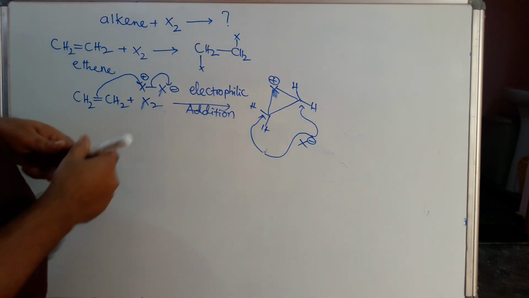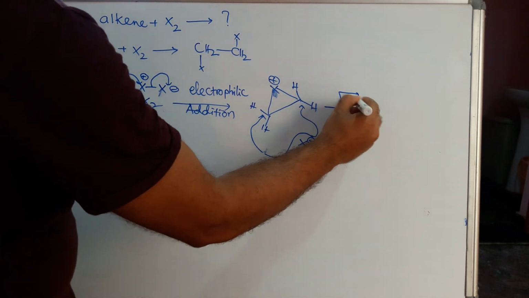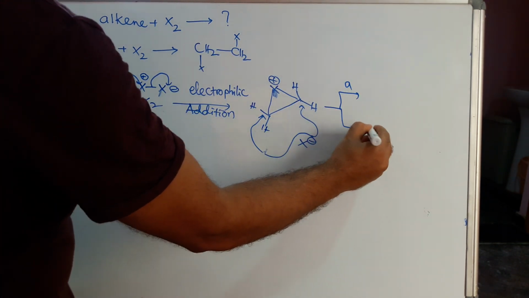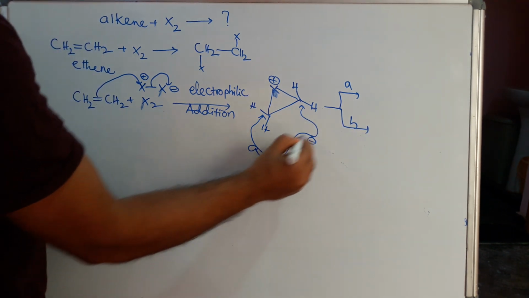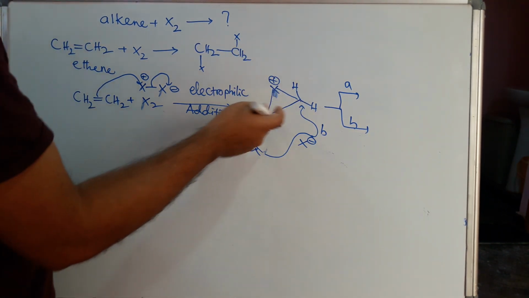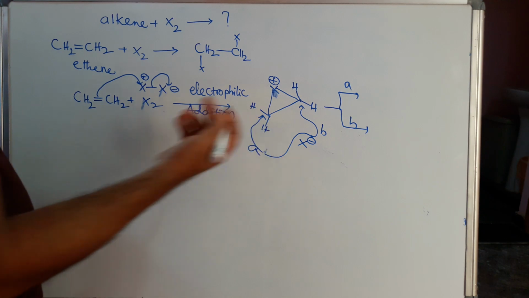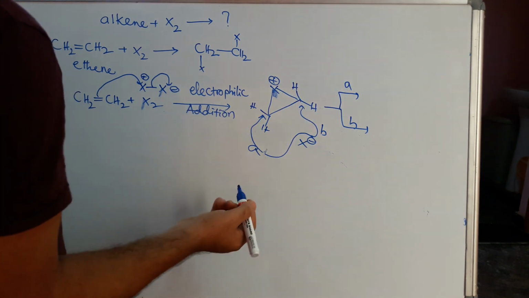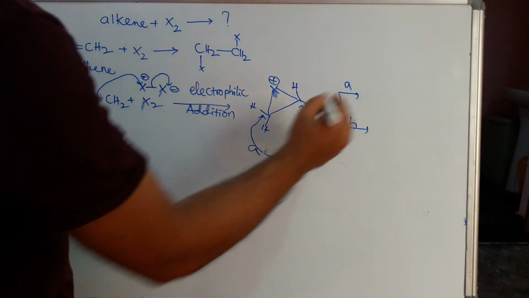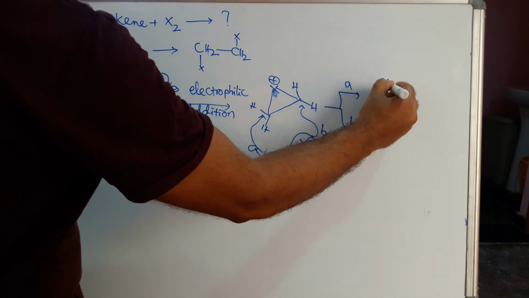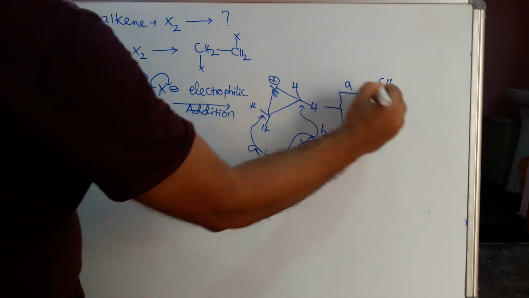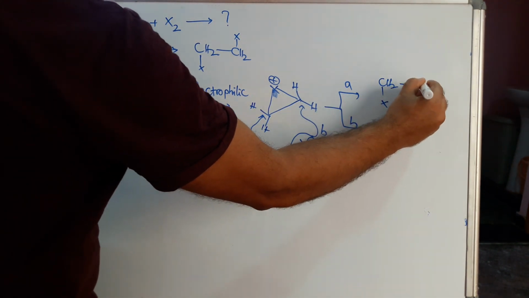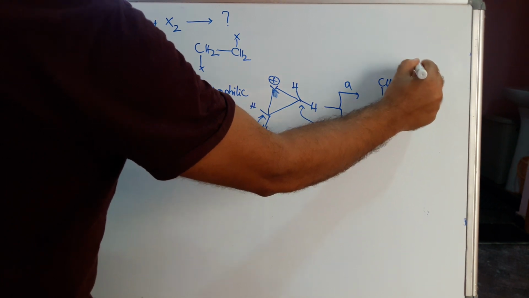Here also the same. Then we will get this, this is path A, this is path B. Here the hydrogens are the same, similar groups or atoms, that's why there is no change in the configuration. So I am writing here CH2X down, and here CH2X.